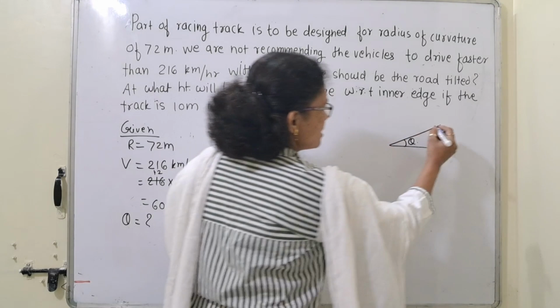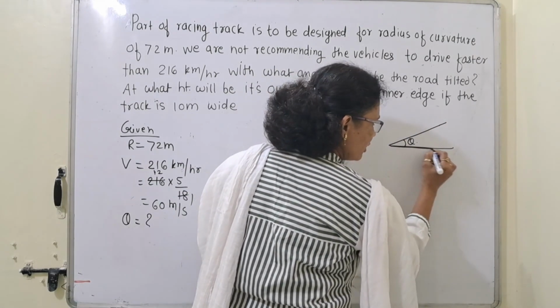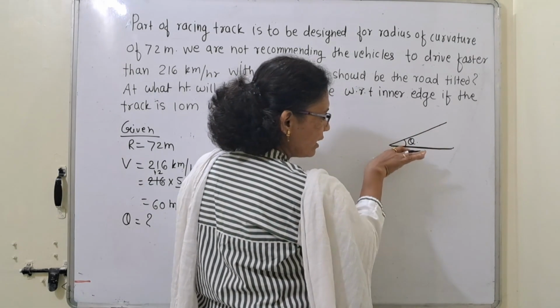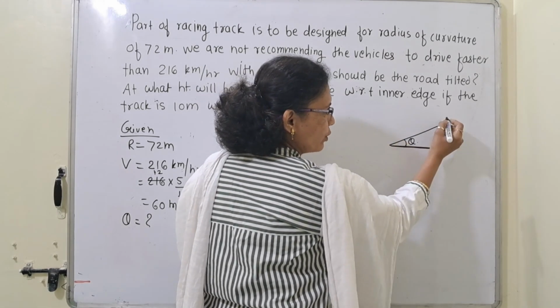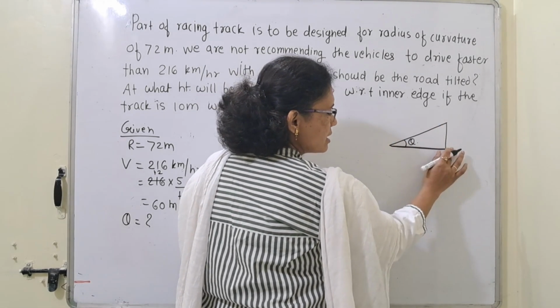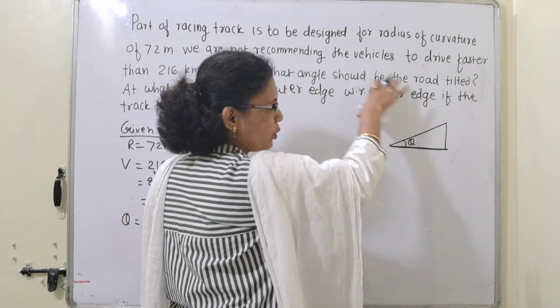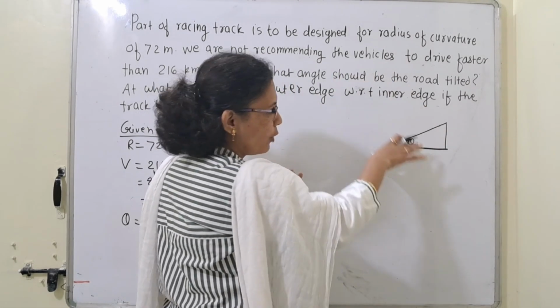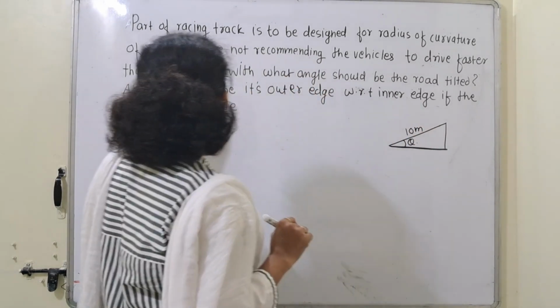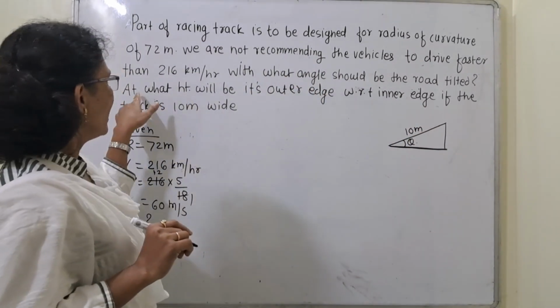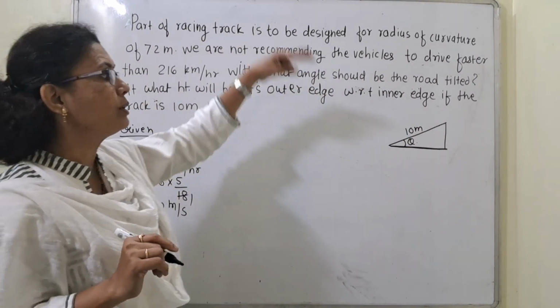See, this is the horizontal level and the inclined road is like this. This is a 10 meter wide road, that is the width of the road will be 10 meter. And we have to find out at what height its outer edge will be.